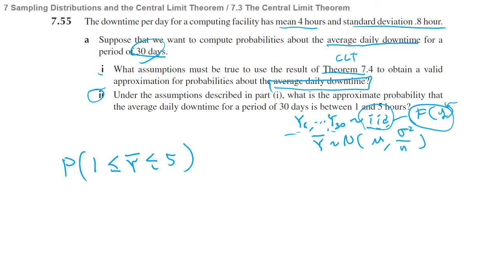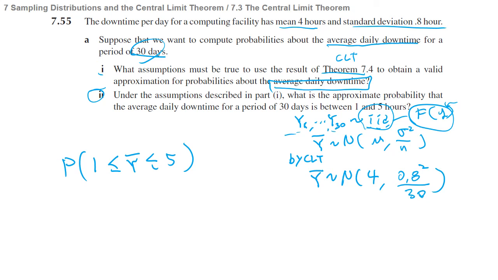And in here, by CLT, y bar follows normal distribution with mean 4 hours and variance 0.8 squared divided by 30, n is 30.